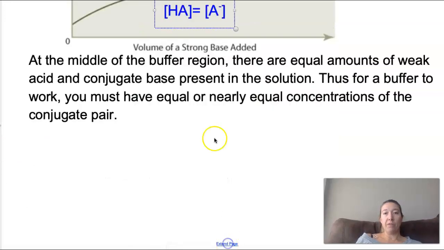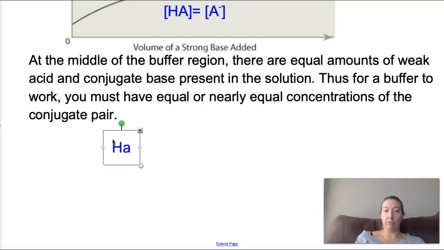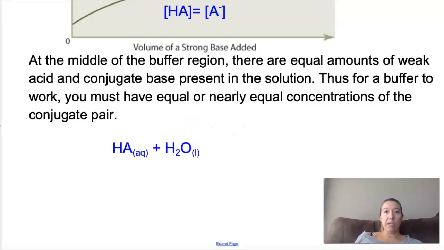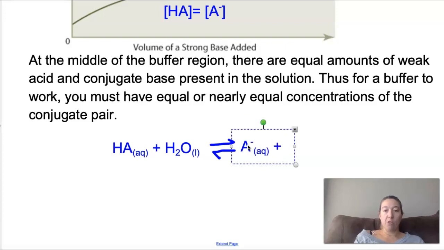If you think about our equations, let's say we have HA combining with water, because we do have water in here. This sets up an equilibrium with the A- and hydronium.